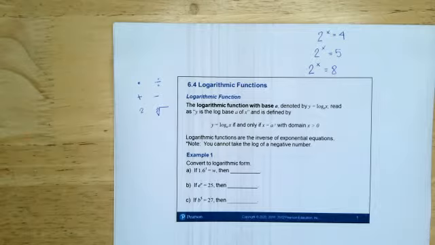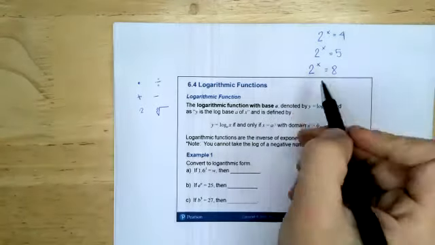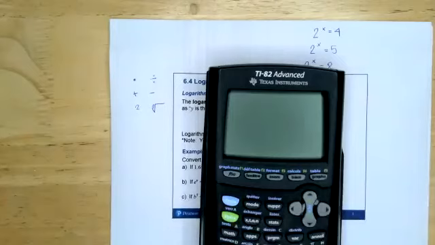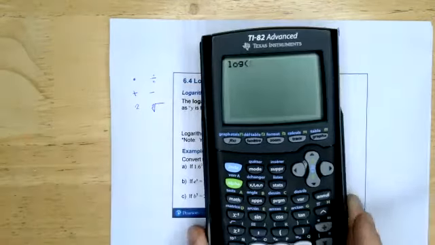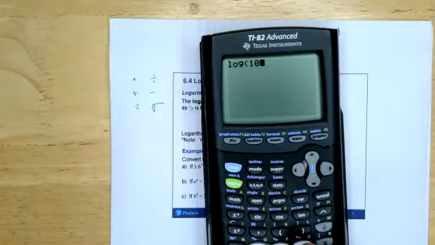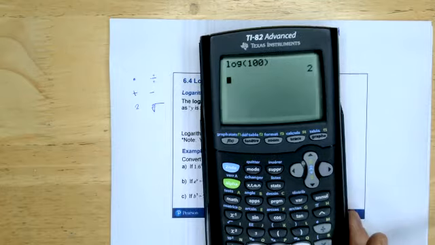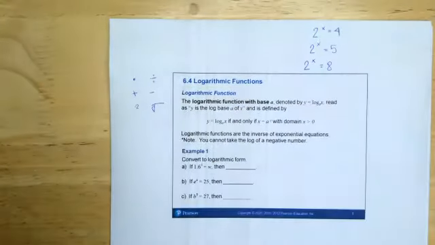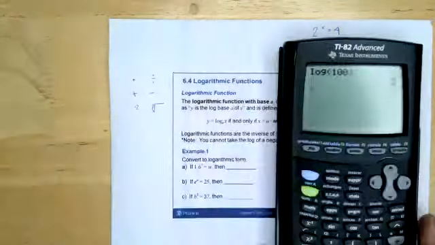Okay, the inverse of an exponential function is a logarithmic function. They're on your calculator. There are 2 different spots. Well, there's more than 2 different spots, but there are 2 different types of logs. There's this one. And then there is, oh, sorry, it was right below the log.